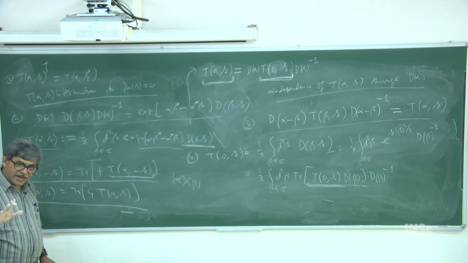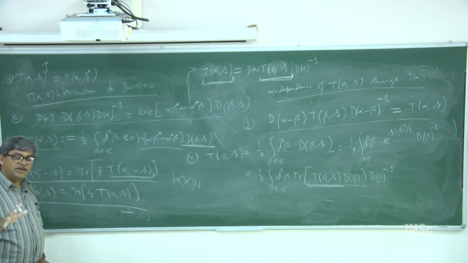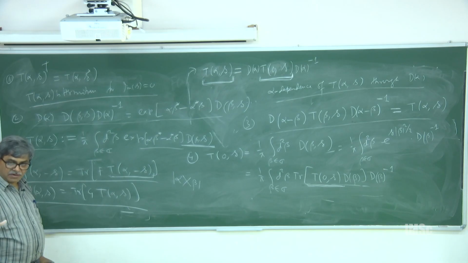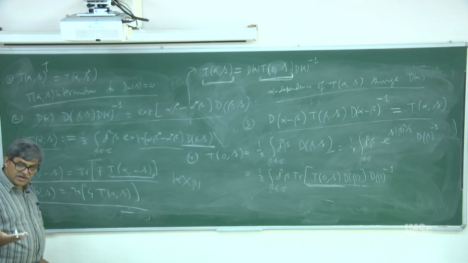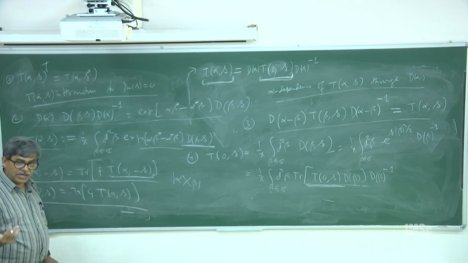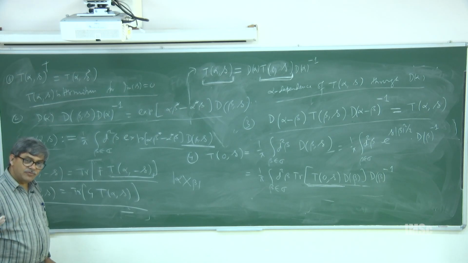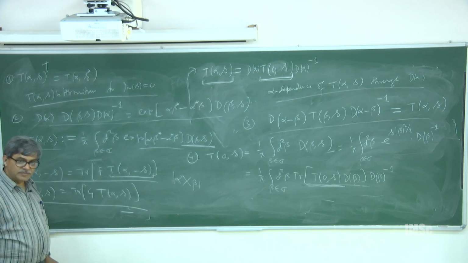As I said, every phase space distribution function is related to a specific ordering of your operators, operators meaning in this case the density operator. Whatever ordering you take, based upon that you will get the corresponding phase space distribution function.